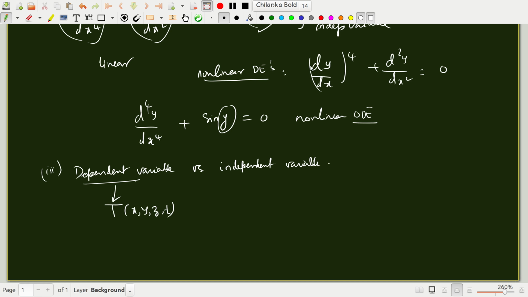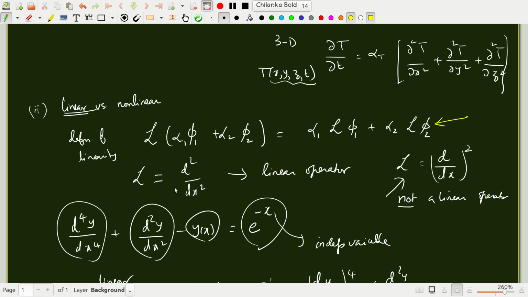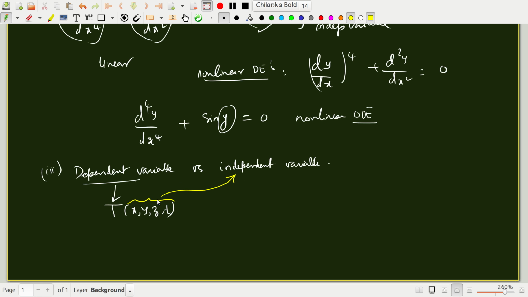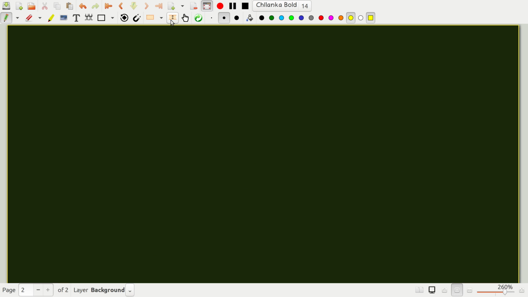This will help you to judge whether a differential equation is linear or non-linear. As I just showed you, you may have an equation that is non-linear in the independent variable x, but the equation still remains linear, because it is non-linear only in the independent variable. So you have to understand this very clearly.